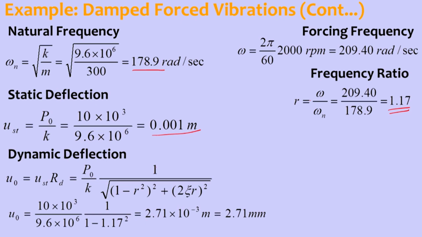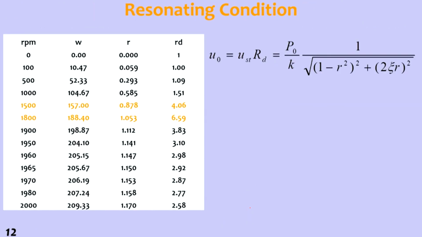In this case, the dynamic amplification factor is 1 by the square root of (1 minus r square) whole square plus (2 zeta r) whole square. If you substitute all these terms with zero damping, we get 2.71 millimeter. But let us look at the case with 5% damping.